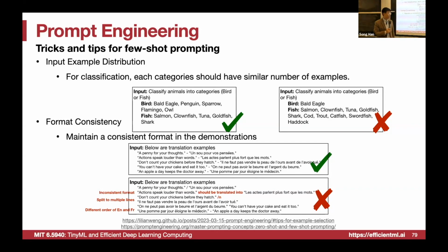And a bad example would be, so below are translation examples. Here we are using a slash to separate the 2 sentences, and using "should be translated into" to separate in the next example, using a new line in the next example. Actually, they're using very different separators, which is a bad example. So we should maintain a consistent format in the demonstrations when we are providing the context.